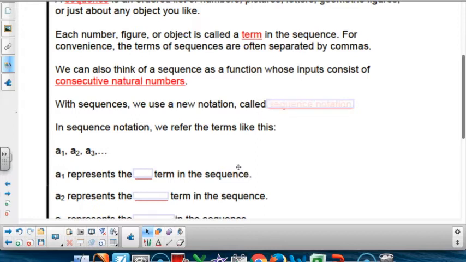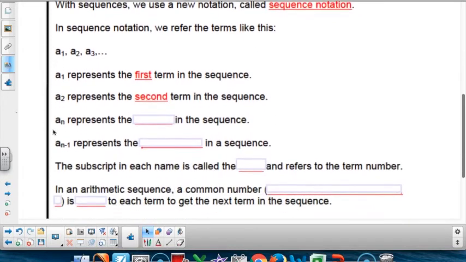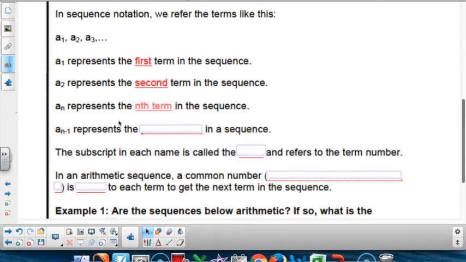With sequences, we use sequence notation. And here, instead of f of x or g of x or y's and x's, you're going to see a's and n's. So a sub 1, a sub 2, a sub 3, where a sub 1, that's how we read that little 1 there, represents the first term in the sequence. So if you have your pattern laid out, the first number in the pattern is a sub 1. A sub 2 is the second term in the sequence. And then a sub n is going to be some nth term, meaning some term in the future that we haven't decided yet.